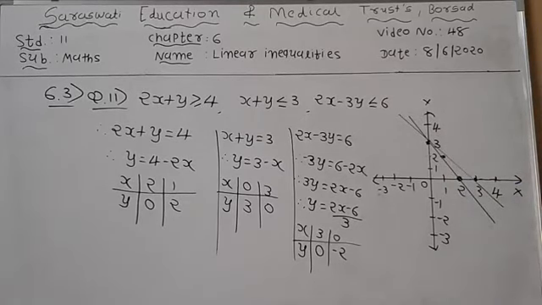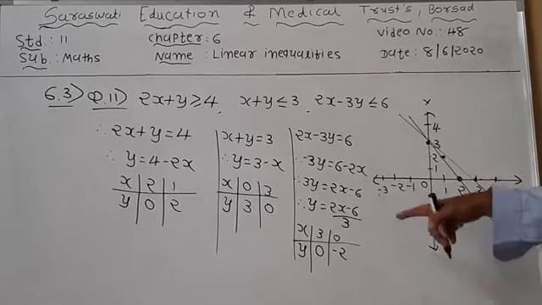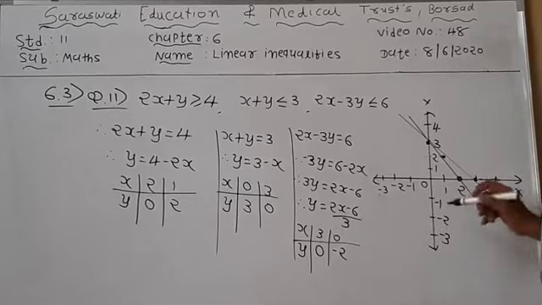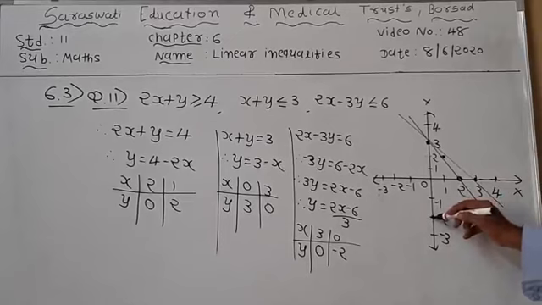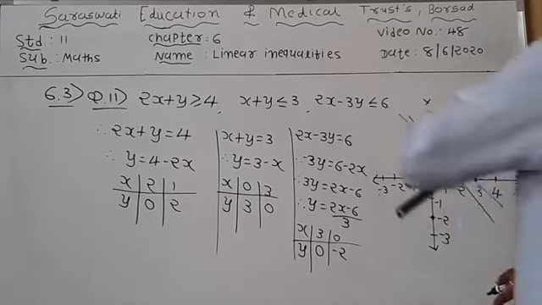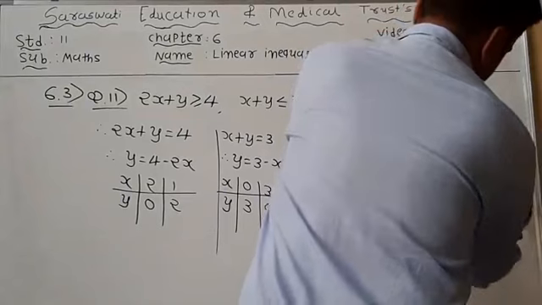Now in the third equation, we get the point 3, 0, so x coordinate 3, y coordinate 0, this point is present here, and 0 comma minus 2, that means on the y axis 0 comma minus 2. So join this line.